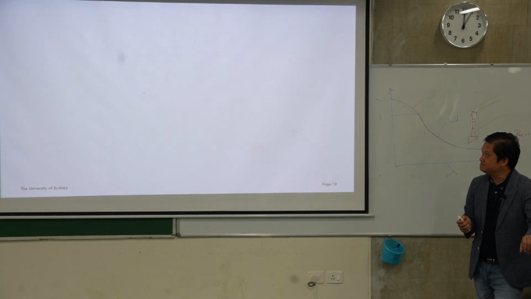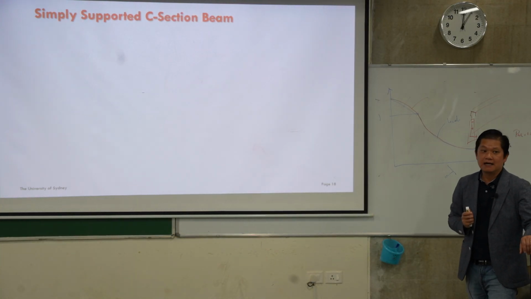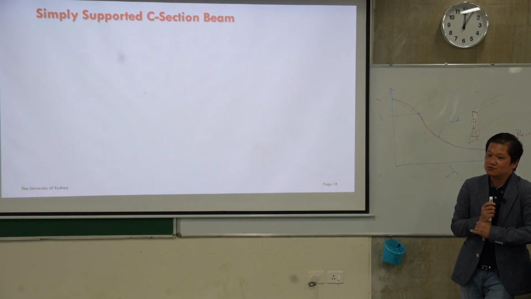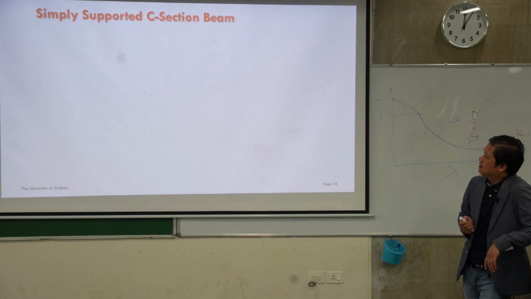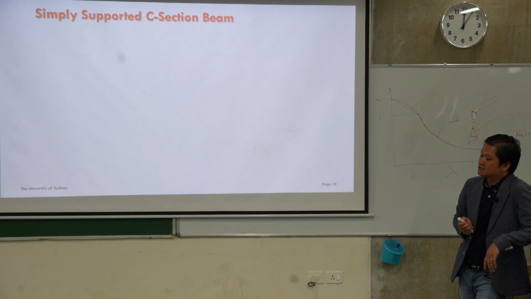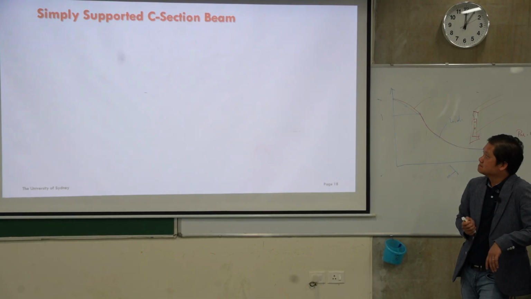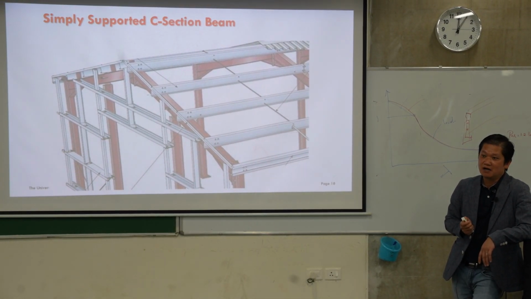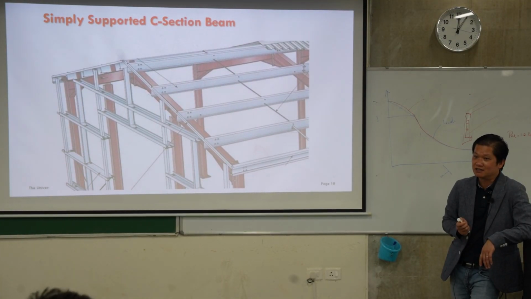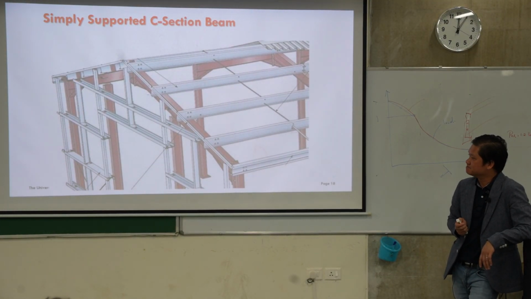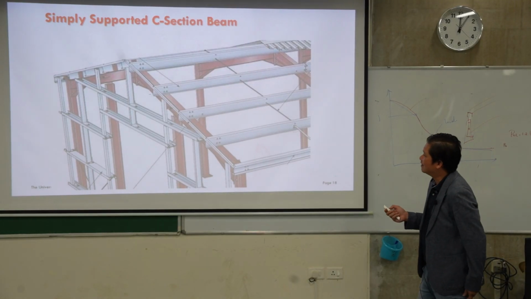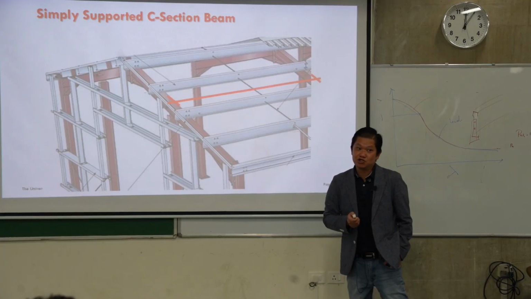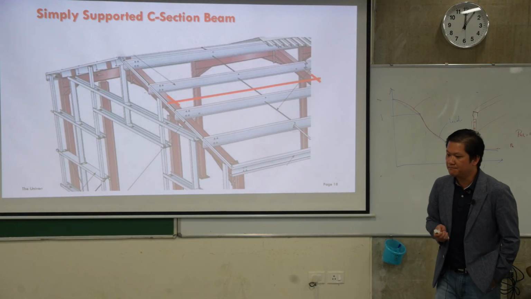All right, so the next one, I would like to walk you through an example of how to design a simply supported channel section beam. And that problem is exactly the same as the one that we've done. So we want to do it just to compare between those two methods. One is effective width and one is direct strain method. Same problem. We're looking at the C section beam.